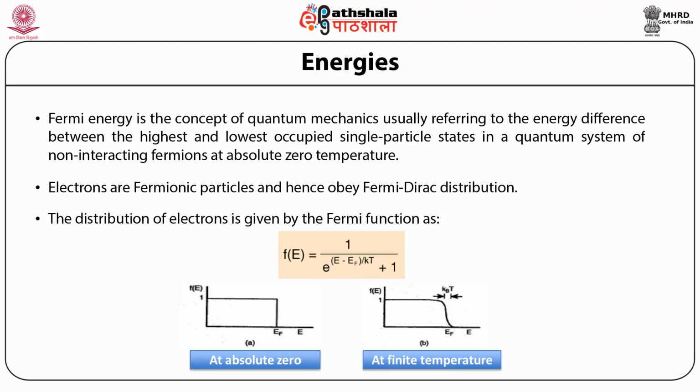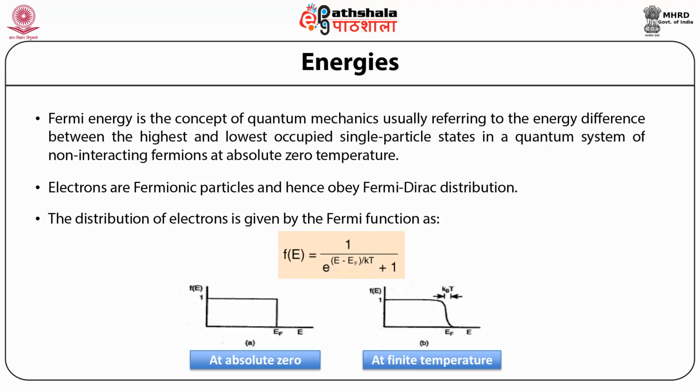The basic nature of this function dictates that at ordinary temperature, most of the levels up to the Fermi level EF are filled, and relatively few electrons have energy above the Fermi level.